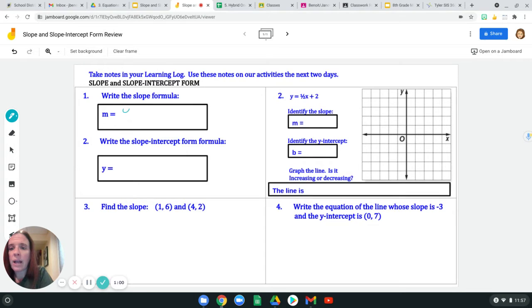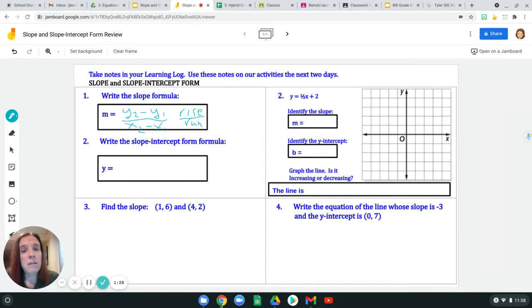And we wrote that as y2 minus y1 over the two x coordinates, x2 minus x1. Remember, it's rise over run. How much do we move up or down, and then how much do you move to the right?